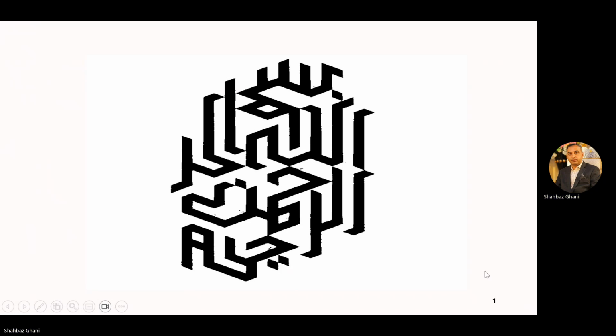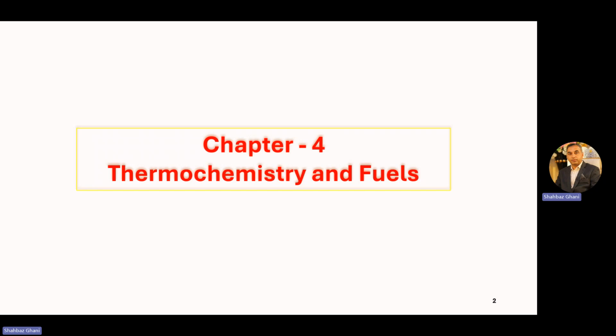Bismillahirrahmanirrahim. Today we will study chapter 4, that is regarding thermochemistry and fuels. In the first chapter of our internal combustion engine course, we studied the basic terminologies and components of the engine.